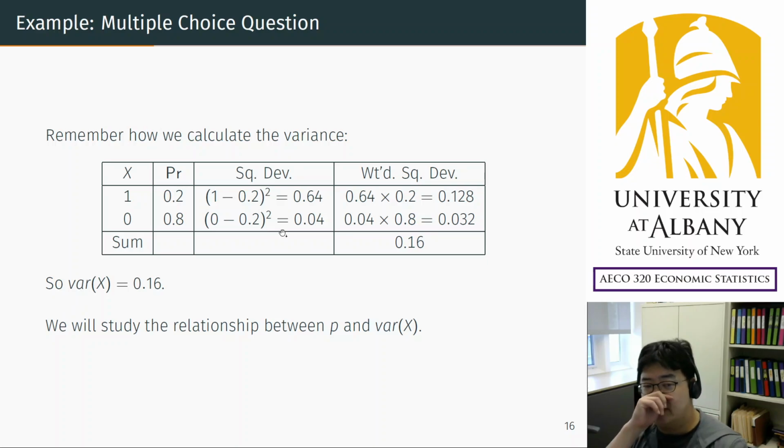So the variance of this distribution is 0.16. And even though I did not use any properties of the binary distribution, you could imagine that the parameter must have some impact on the variance.